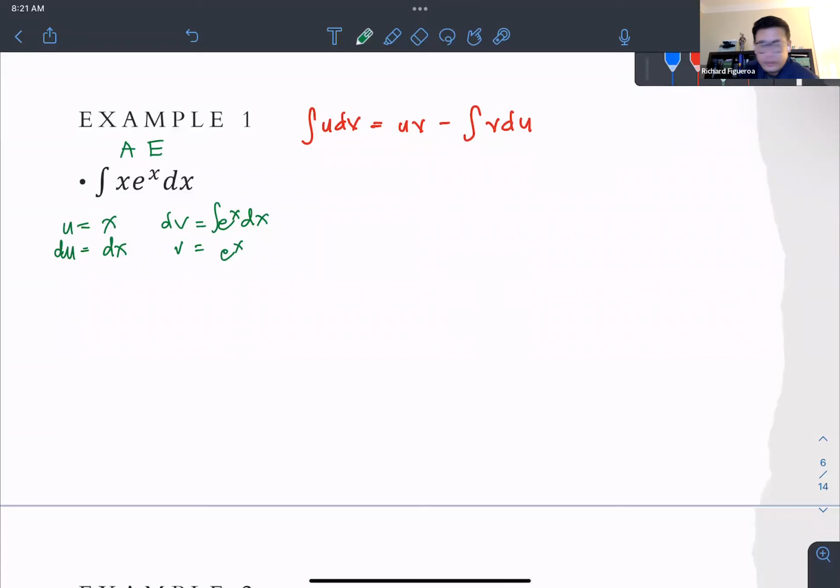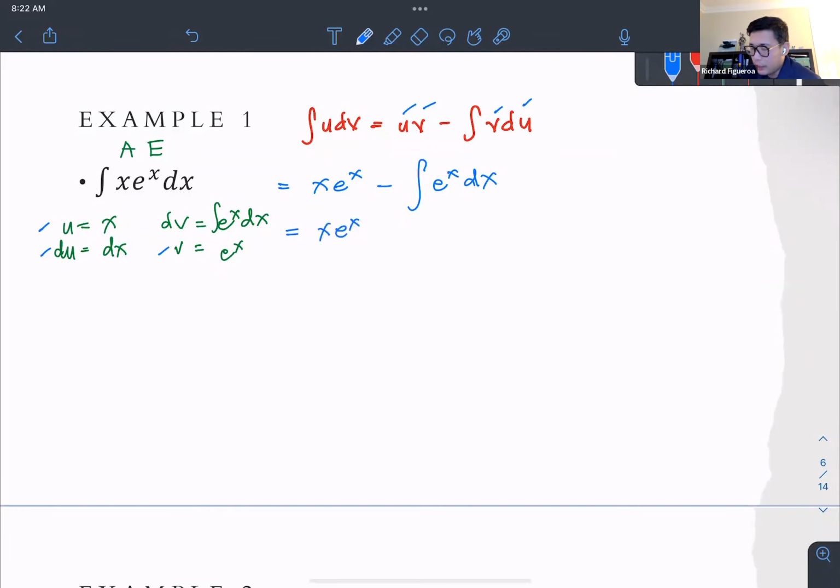So therefore, we use this formula then. So U dV, that would be U. U natin it's X. V is e raised to X. And minus integral of V, which is e raised to X. Then ang du natin, that is dx. So X e raised to X minus integral of e raised to X dx. And then we integrate.